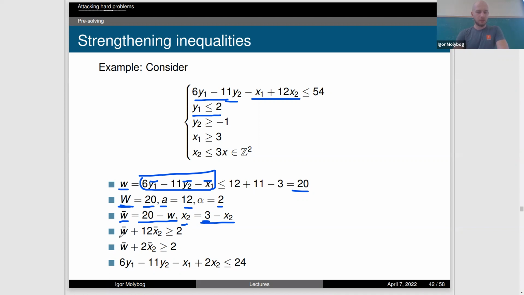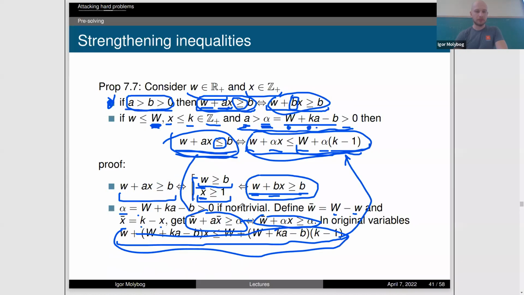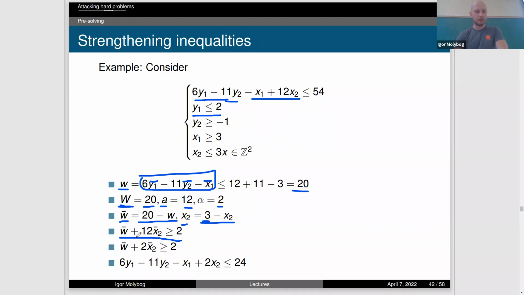Then we can just write down the expression W bar plus AX bar greater than or equal to alpha. Here it is.